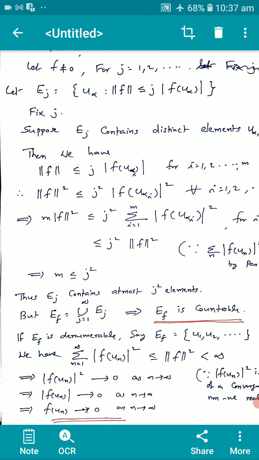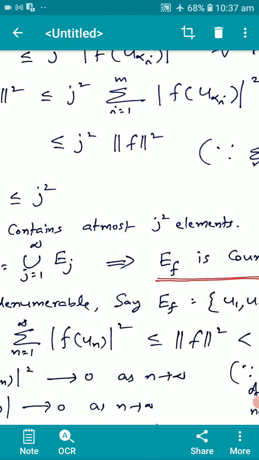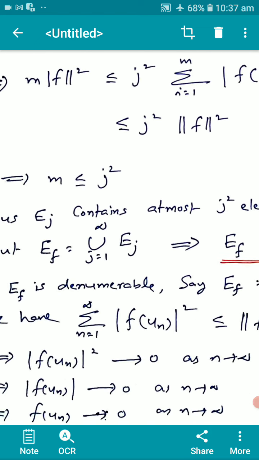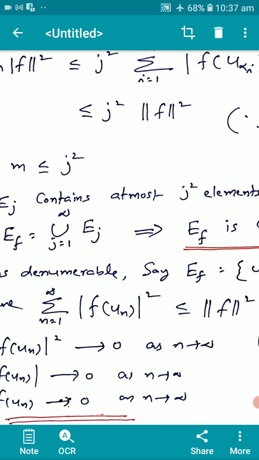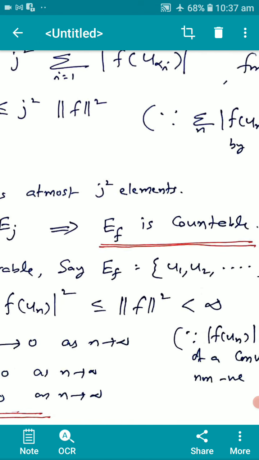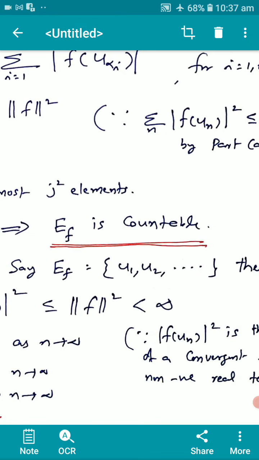So ultimately you get m norm f square less than or equal to j square norm f square, or m is less than or equal to j square. What is the meaning? Ej contains at most j square elements. But what is E_f? E_f is the union of Ej's, that is, j varies from 1 to infinity. This implies E_f is countable.